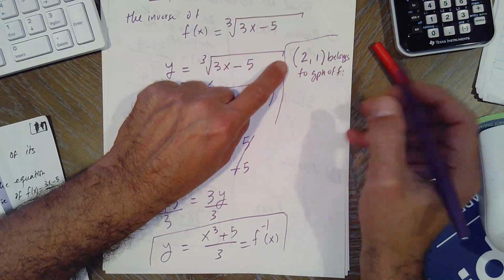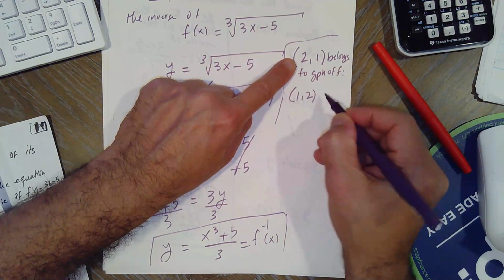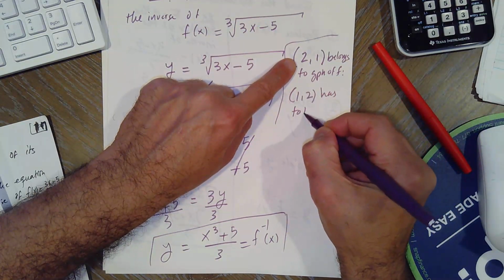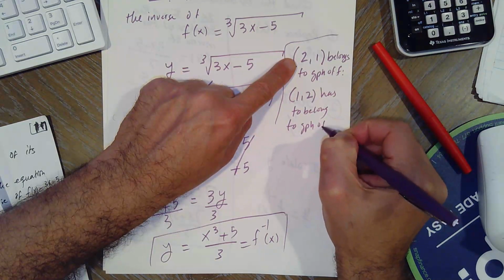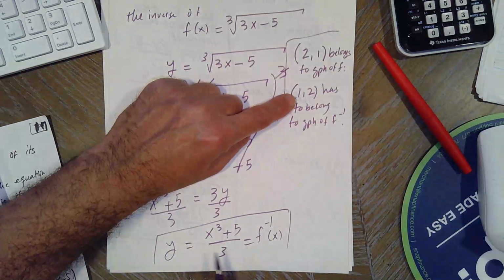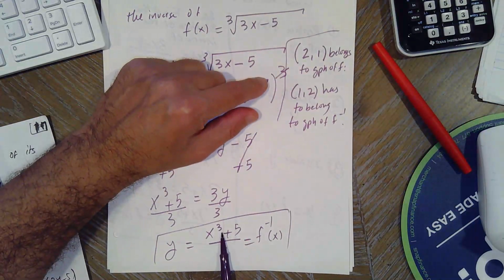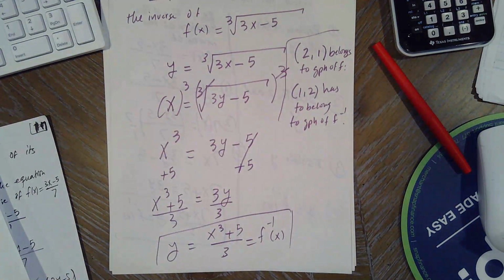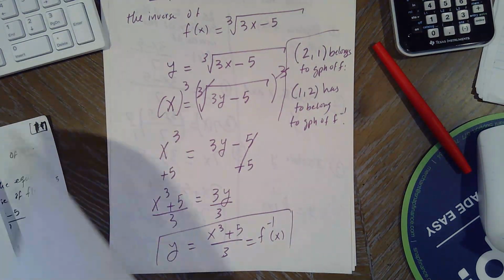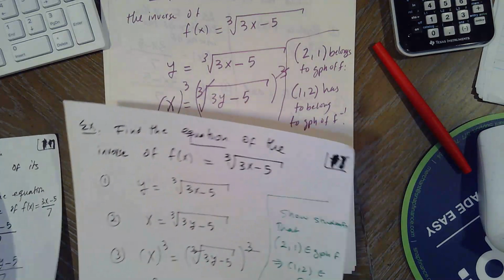Right away, without anybody telling me, (1, 2) has to belong to the graph of f inverse. Let's check. If x is 1, 1 cubed is 1, plus 5 is 6, divided by 3 is 2. So (1, 2) belongs to the graph. That's exactly at the core of the concept of the inverse.